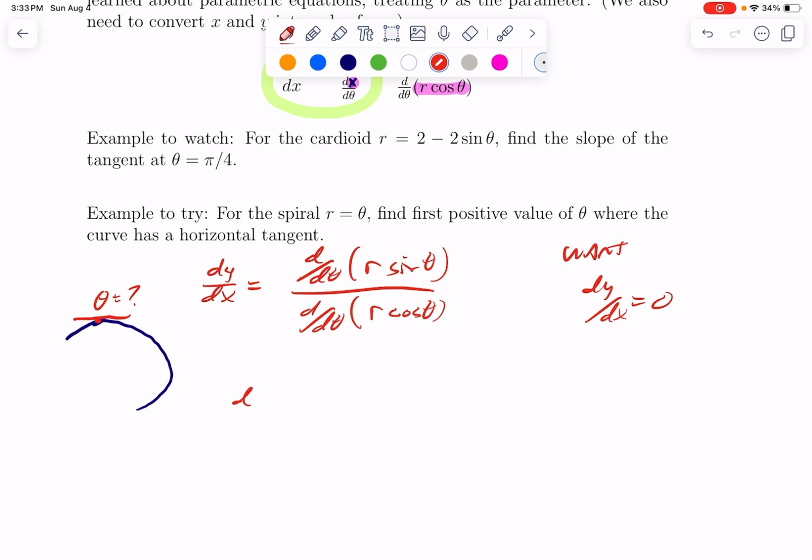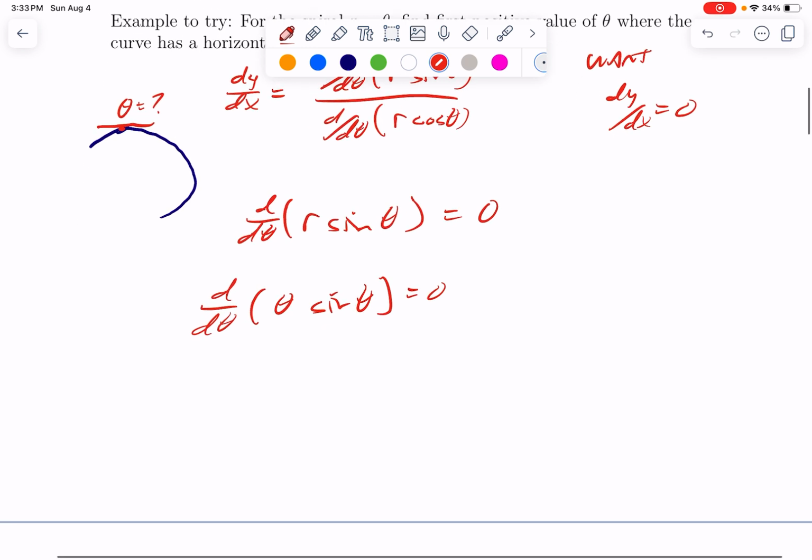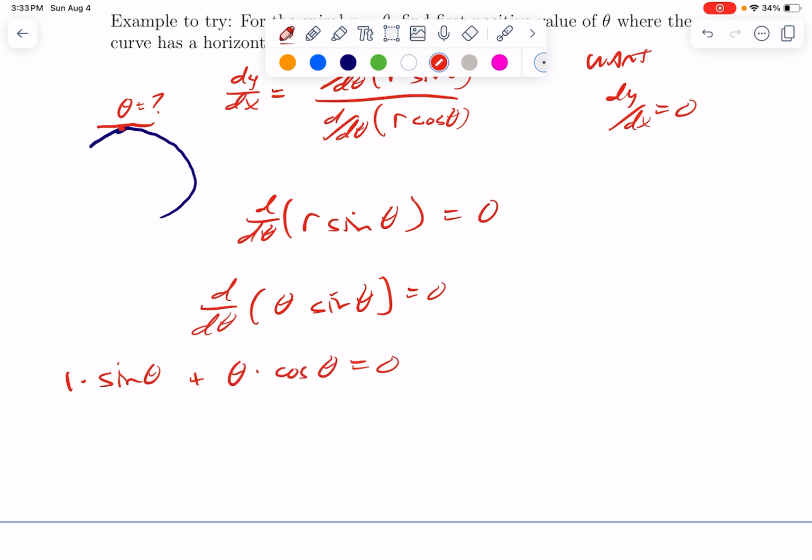So what we actually want here is just that this numerator is equal to 0. And r is the same as theta. So we have the derivative of theta sine theta equal to 0. So let's take that derivative by the product rule. Derivative of the first times the second plus the first times the derivative of the second is equal to 0.